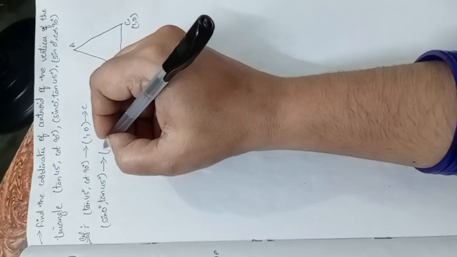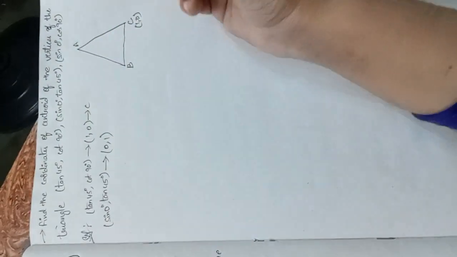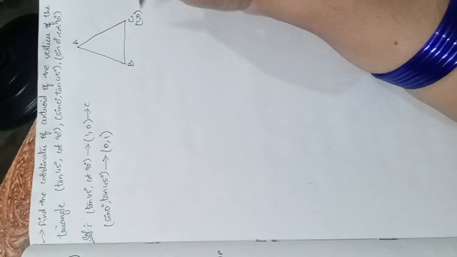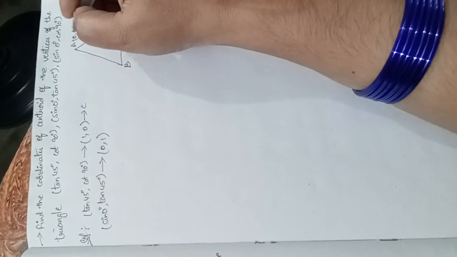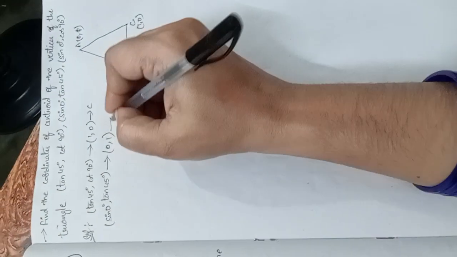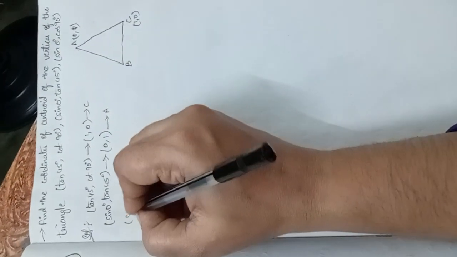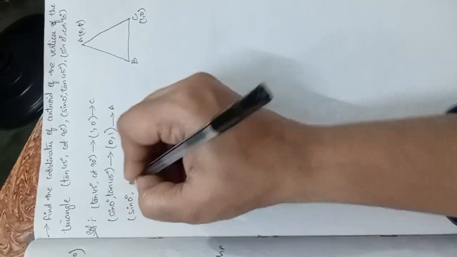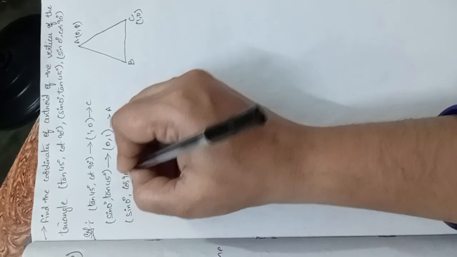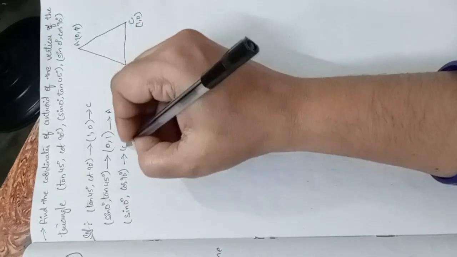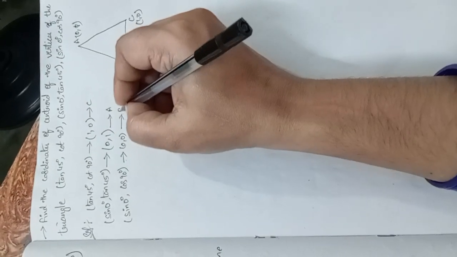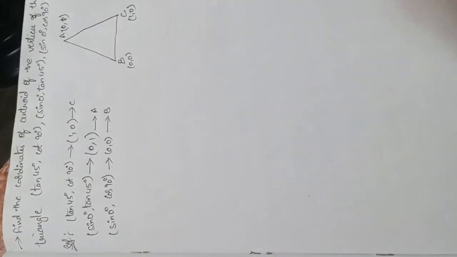Sin 0 is 0, tan 45 is 1, so this is 0 comma 1. That means A. Next, sin 0, cos 90 degrees. This I'll take as B, which is 0 comma 0.